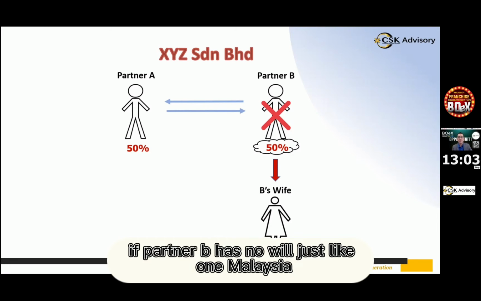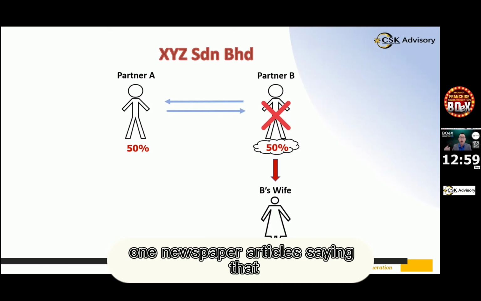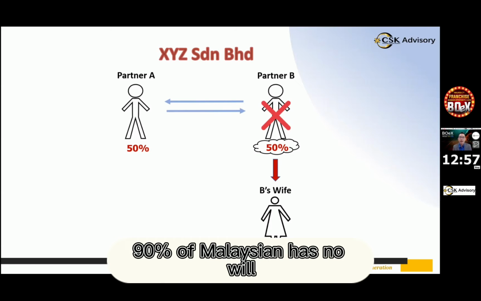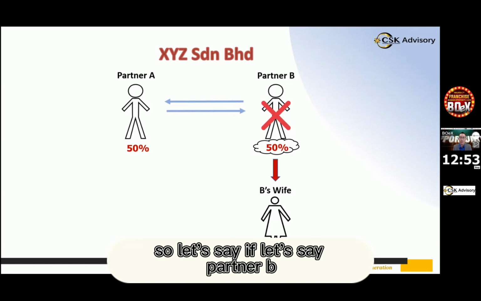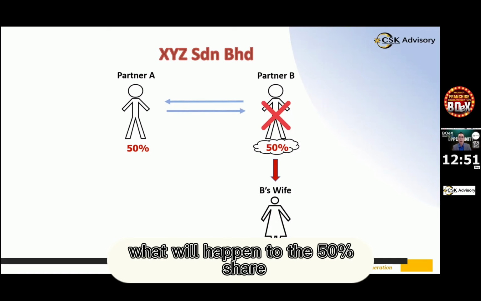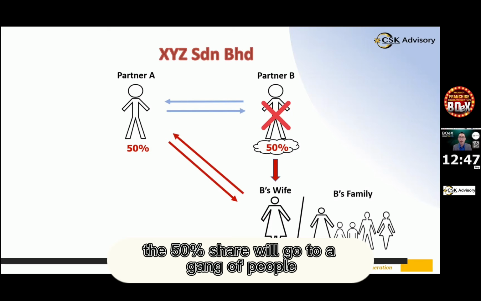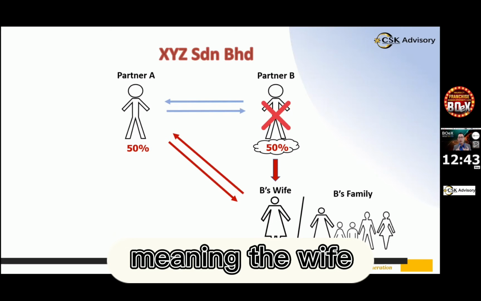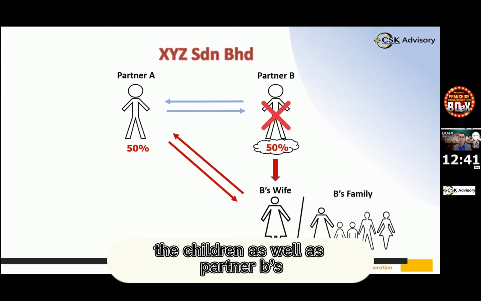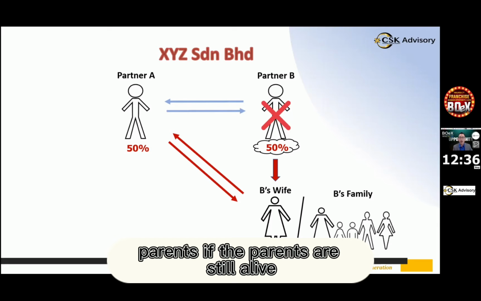But if partner B has no will, just like one newspaper article saying that 90% of Malaysians have no will. So let's say partner B has no will, what will happen to the 50% share? The 50% share will go to a gang of people, meaning the wife, her children, as well as partner B's parents, if the parents are still alive.